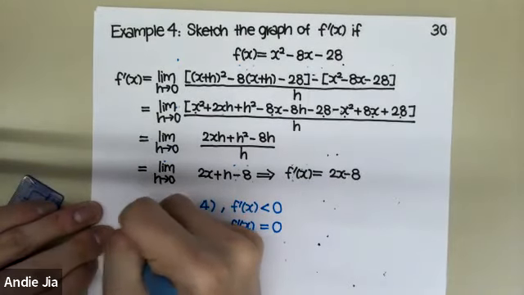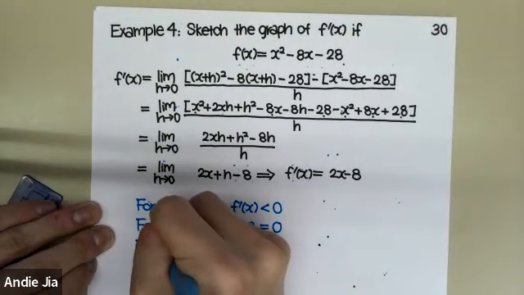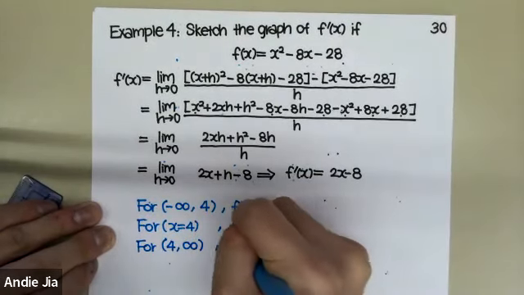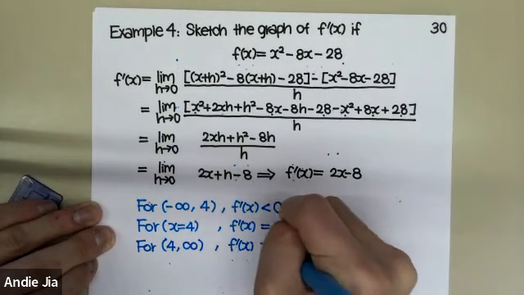For 4 to infinity, f prime of x is positive.